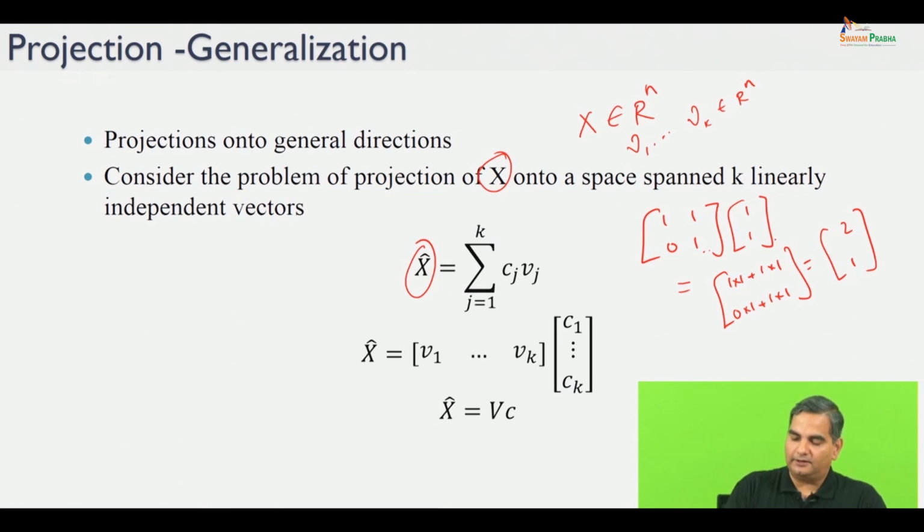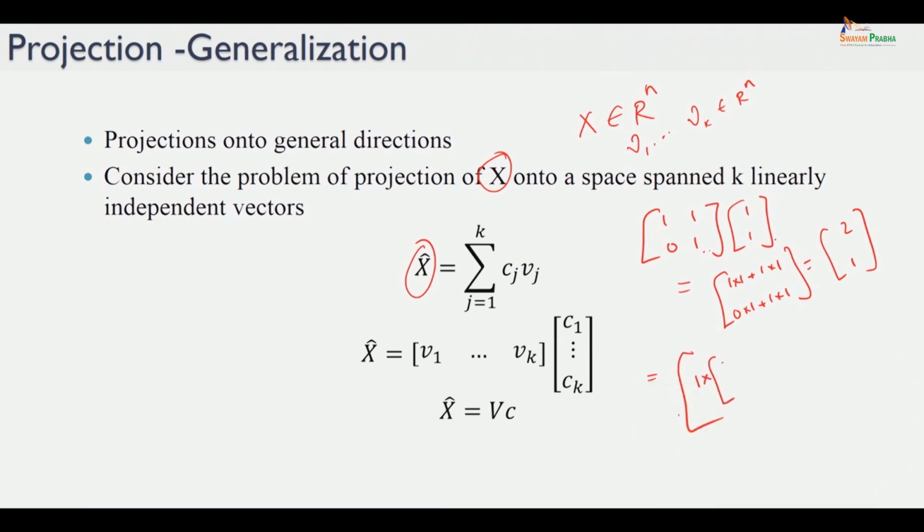You can also interpret this slightly differently. You could say that this matrix multiplication is also 1 times this vector [1; 0] plus 1 times this vector [1; 1]. This is what we can think of this matrix multiplication as. If you notice, this will also give you the result [2; 1]. So what we are doing is, there are many columns here and there are these scalar constants, much like this.